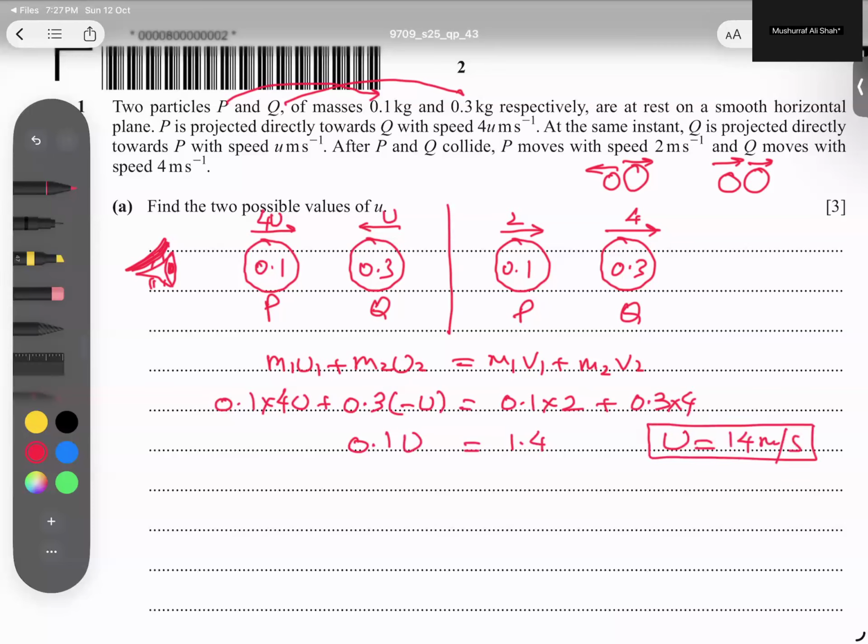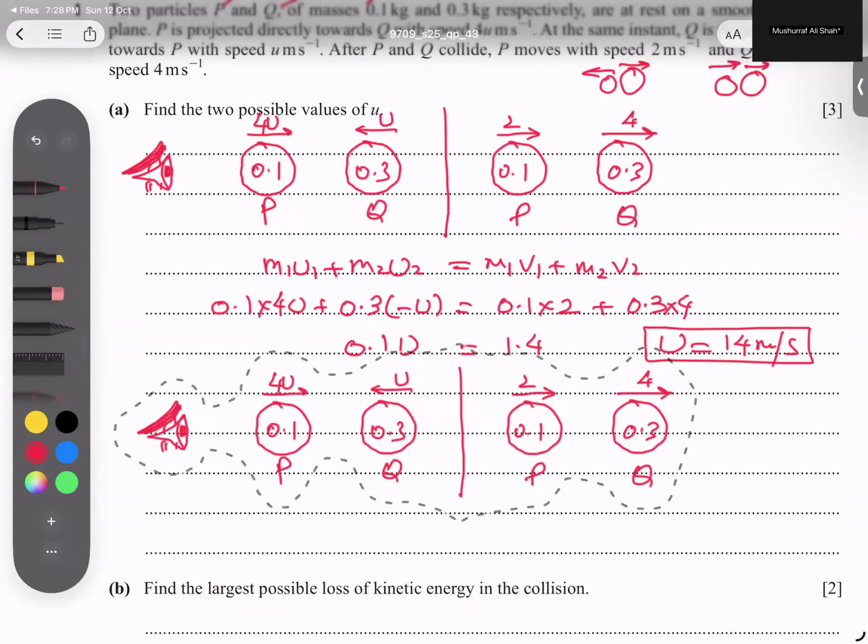Okay. Second possibility, I take the same diagram, everything the same, and I am pasting it here. But this time this arrow will be reversed, because the lighter particle P moves backwards with speed 2. Now I use the same formula. I'm saving time, so I copy the whole thing as it is and paste it here.